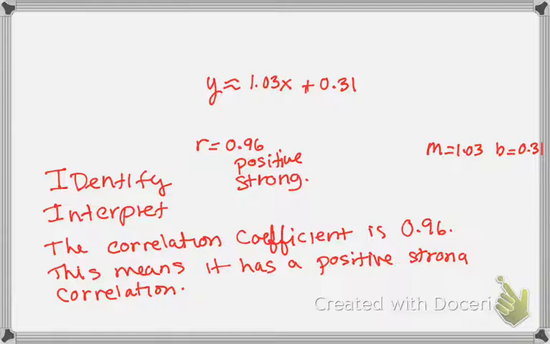And then the last sentence I'd like you to say is to make a judgment about it. Does it mean it's a good line of best fit, or a weak line of best fit, or a poor line of best fit?